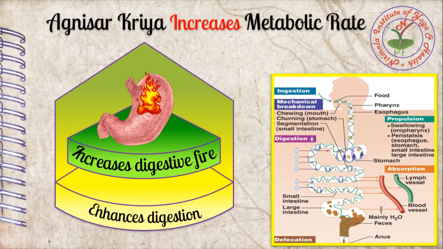When the digestive system works at optimum level, then it represents proper metabolism. It also indicates that the body acquires adequate nutrients for carrying out catabolism and anabolism. Hence, Agnisar increases metabolic rate.